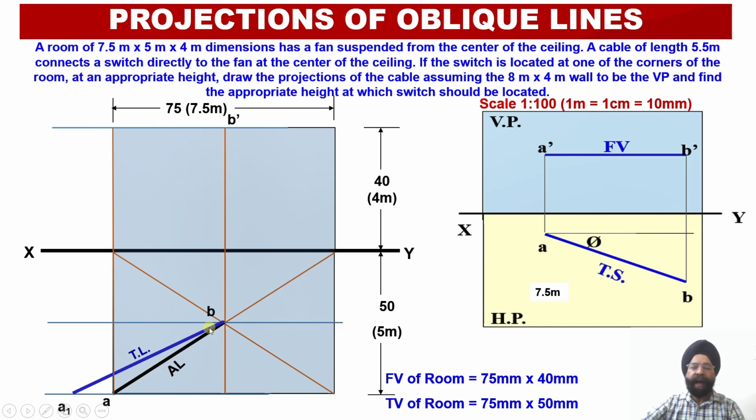Once I know the true length of this line or cable A1B, I know that I will be able to obtain this true length in the top view on the horizontal plane only when my elevation projection line, that is A dash B dash, is parallel to the horizontal plane. So please check, only if my elevation projection line A dash B dash is parallel to the horizontal plane will I be able to obtain the true length of this line in the top view, that is, onto the horizontal plane.